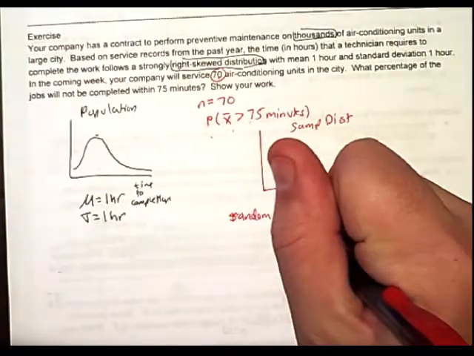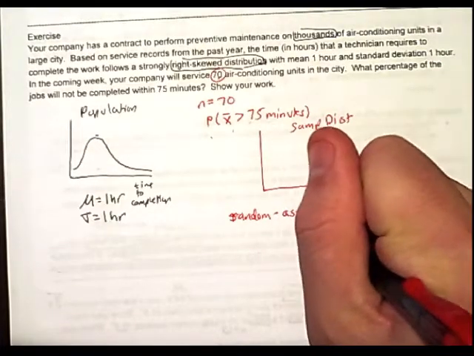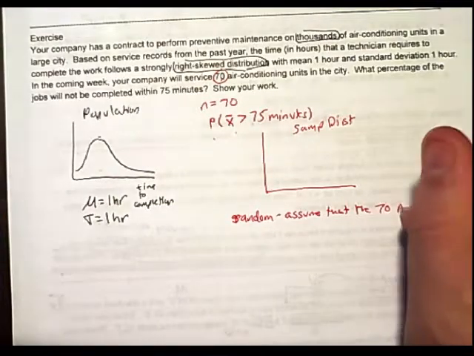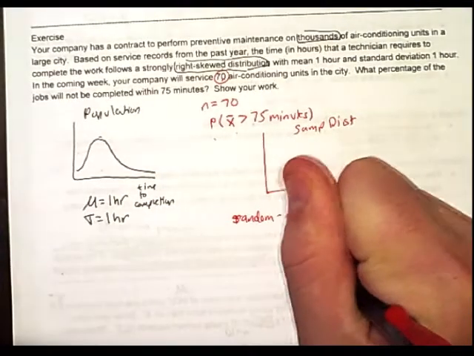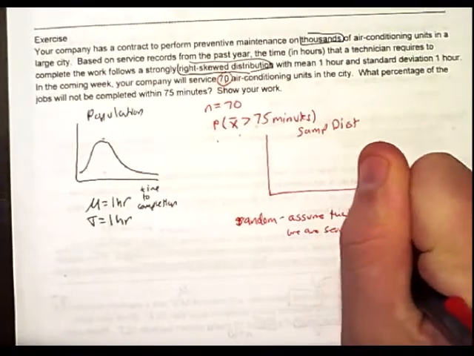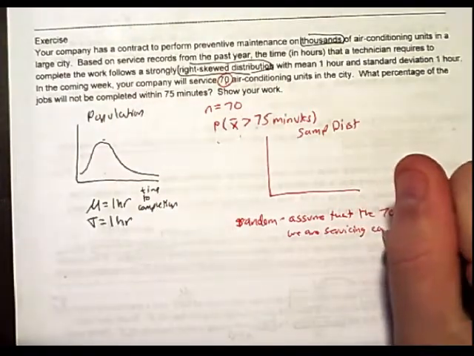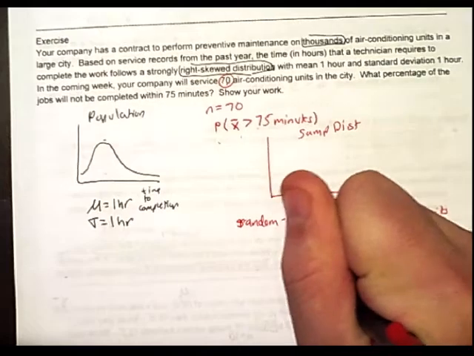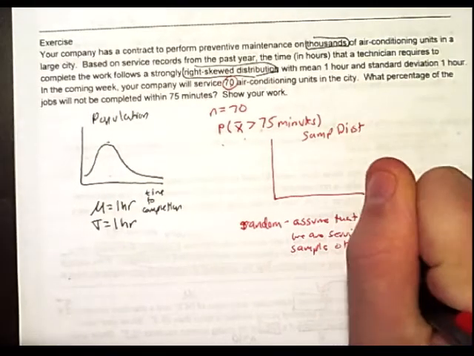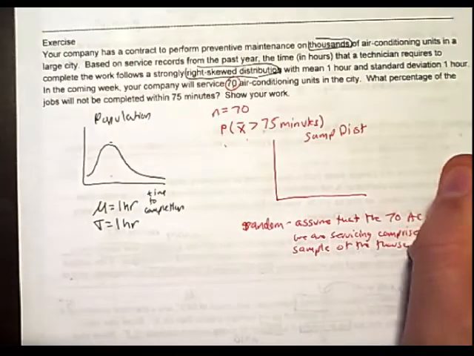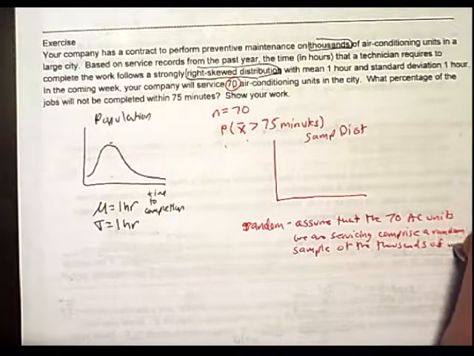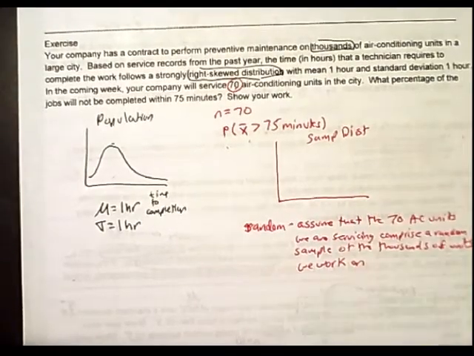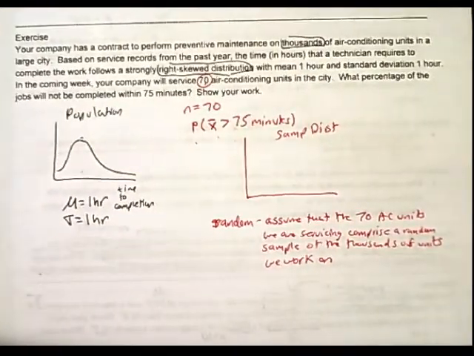So we're going to assume that the 70 AC units we are servicing comprise a random sample of the thousands of units we work on. So that's probably good enough for that one.